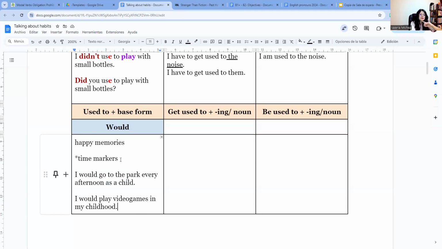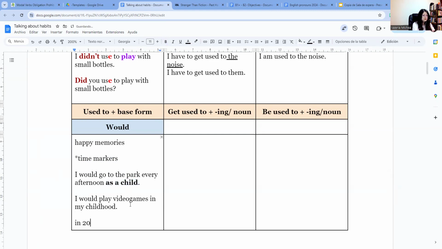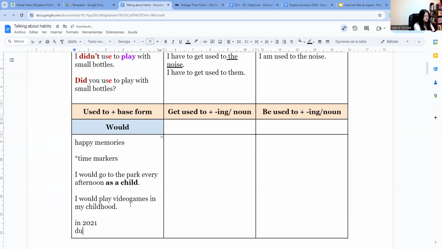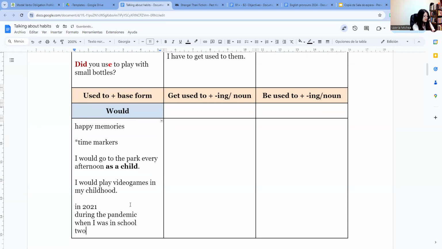But now when I say time markers, you need to tell me when that happened. All right, so it would be as a child, in my childhood. It could be in 2021. It could be during the pandemic. When I was in school 2 years ago.